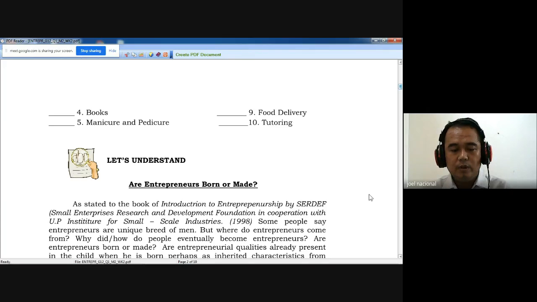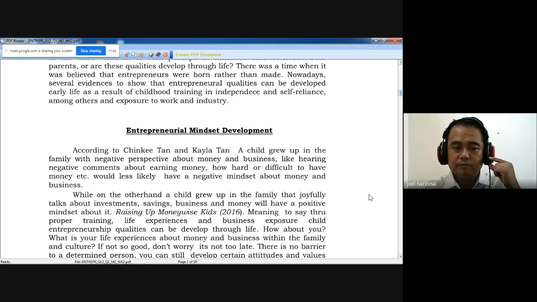Where do entrepreneurs come from? Why or how do people eventually become entrepreneurs? Are entrepreneurs born or made? Are entrepreneurial qualities already present in the child when he is born, perhaps as inherited characteristics from the parents, or are these qualities developed through life?